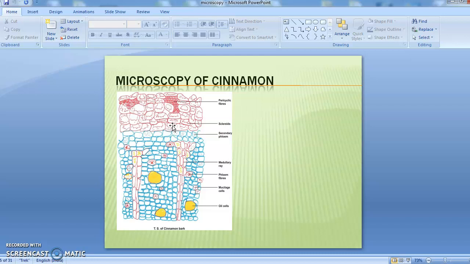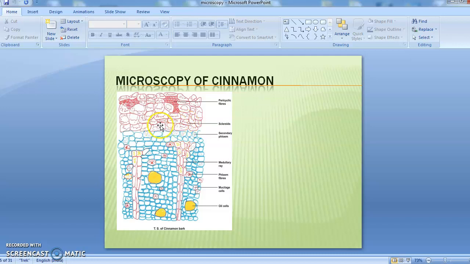Sclereids are lignified, which means after staining with phloroglucinol, they show a pink color. They are thick-walled and isodiametric in nature, with well-defined pitted channels. Here you can see the well-defined pitted channels.